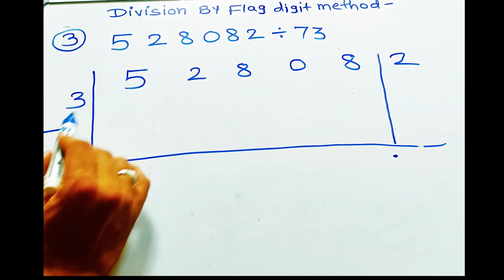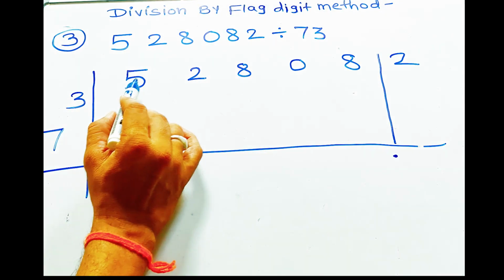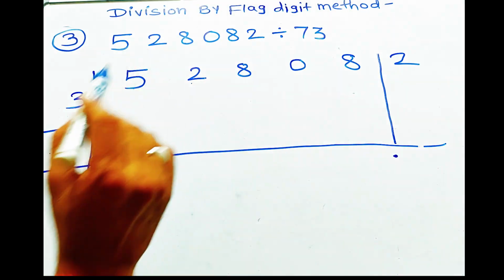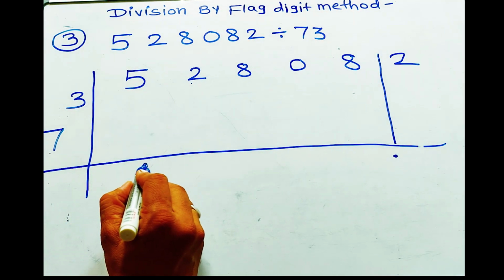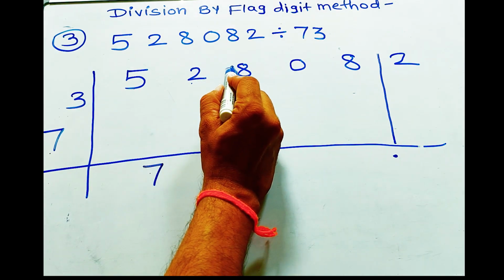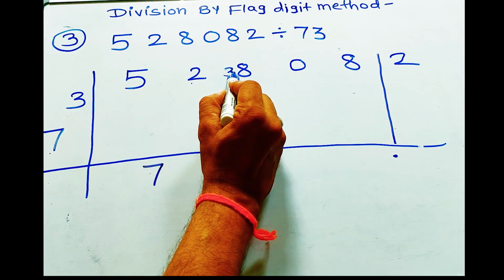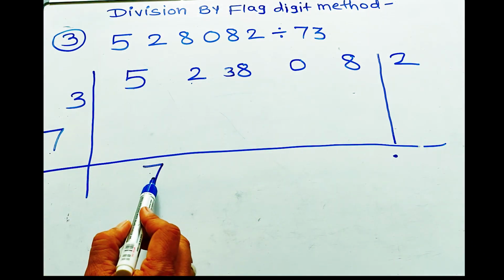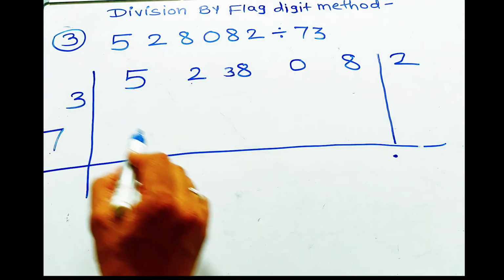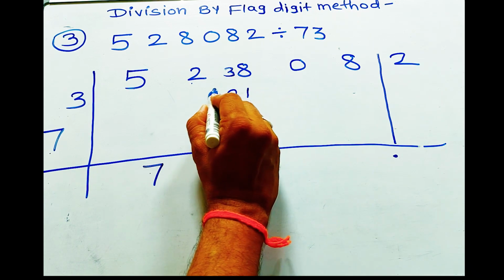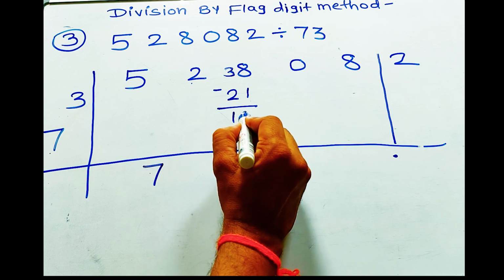Now 5 is less than 7, so 5 and 2 becomes 52. 52 divided by 7, 7 sevens are 49. 52 minus 49 is 3. 3 right here, so 3 and 8 becomes 38. 7 multiplied with 3, 7 3s are 21. 38 minus 21 is 17.